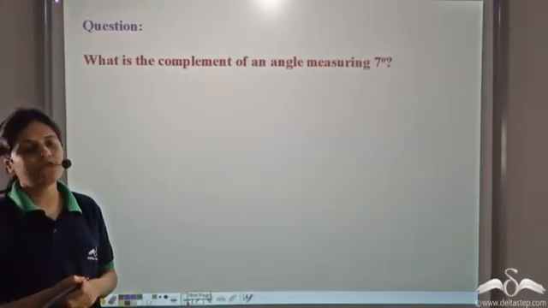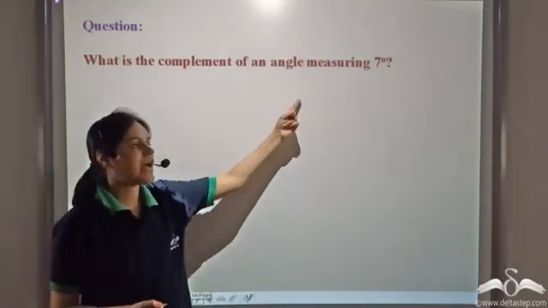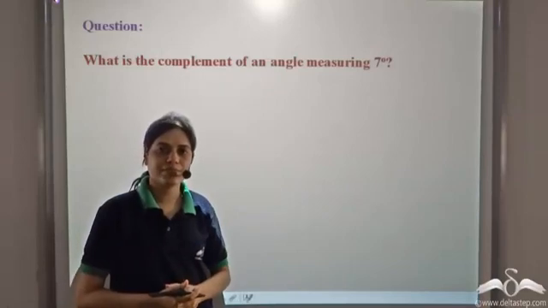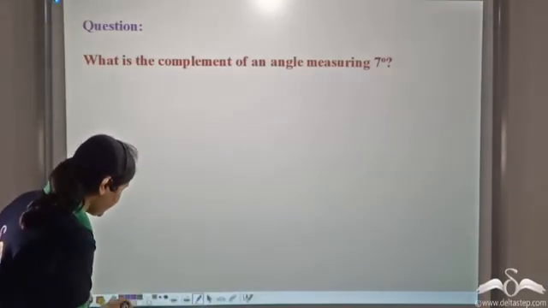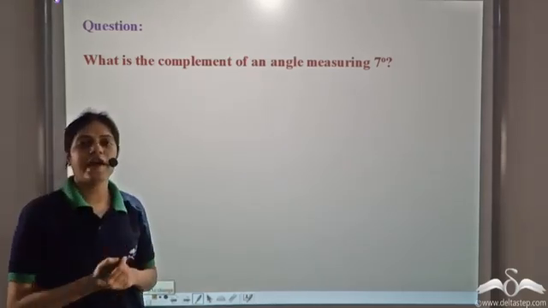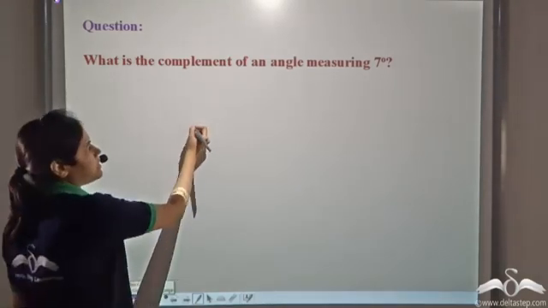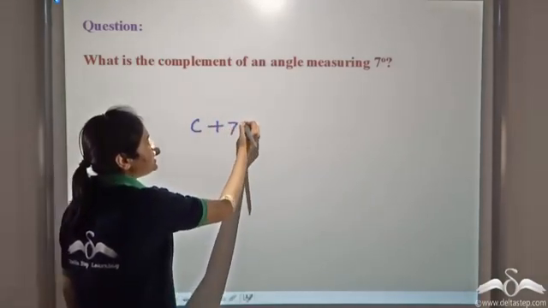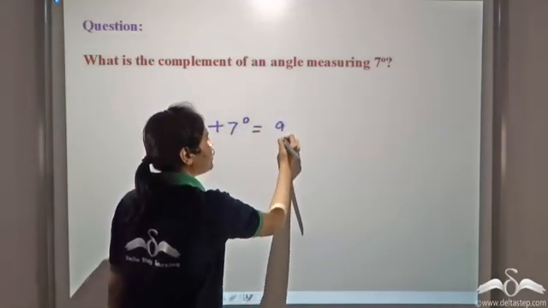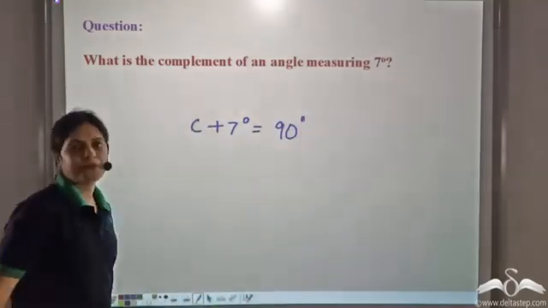So now, can you find the complement of an angle measuring 7 degrees? Well, let us say the complement of the angle measuring 7 degrees is C. So C plus 7 degrees is equal to 90 degrees.